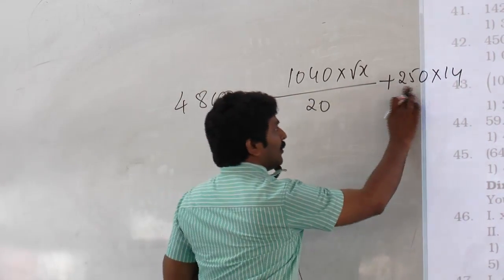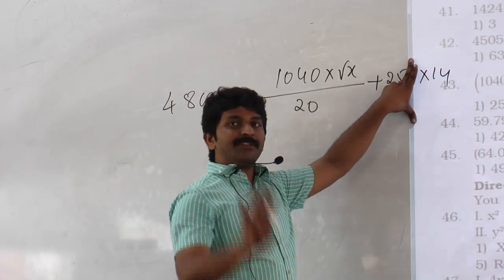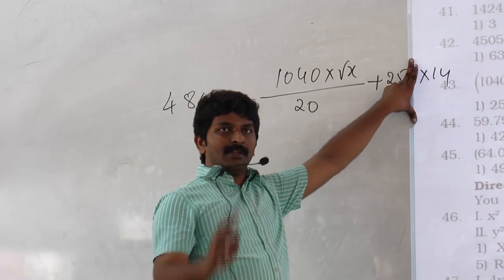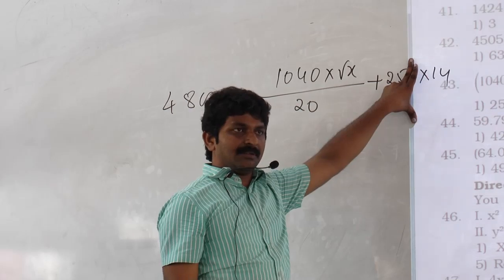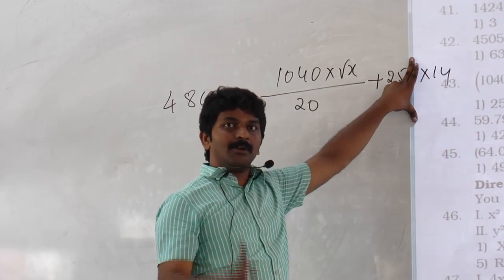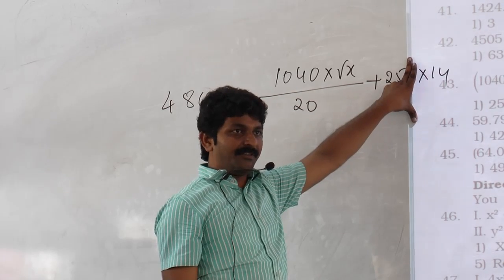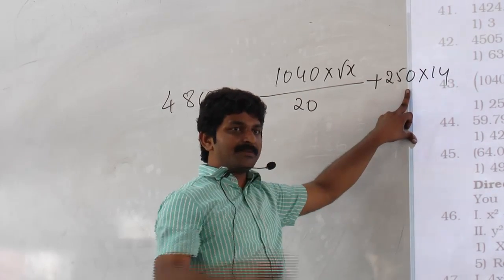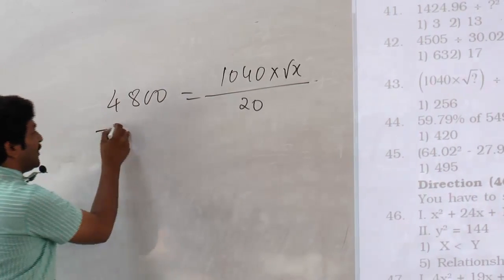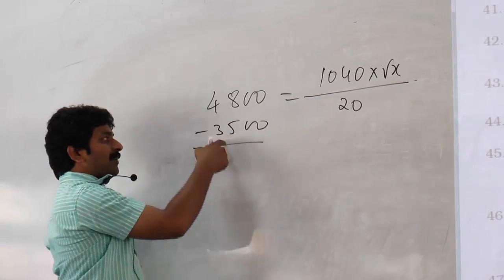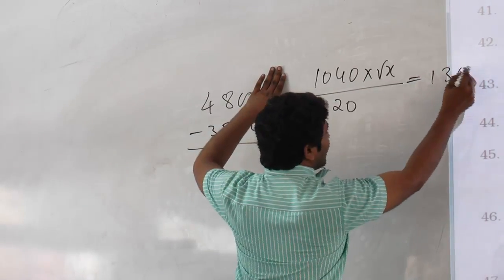First of all, forget about the zeros here. 25 4 times, 8 times, 12 times, 300, 2 times, 14 times, 350, and you have 0. That becomes 3500. Take this to the right-hand side. You need to subtract 3500 from this number. That becomes 1300. So this value is equal to 1300.